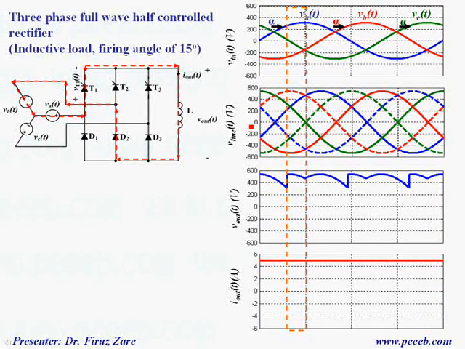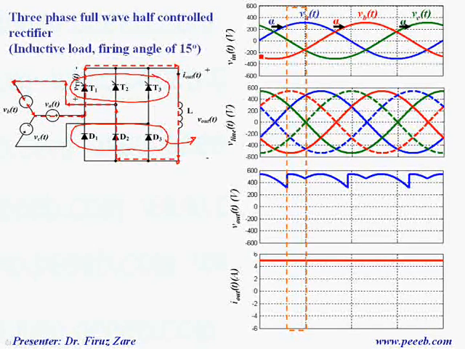In order to analyze this topology, we just concentrate on half wave control rectifier and half wave diode rectifier. That means these diodes generate negative voltage at this terminal.